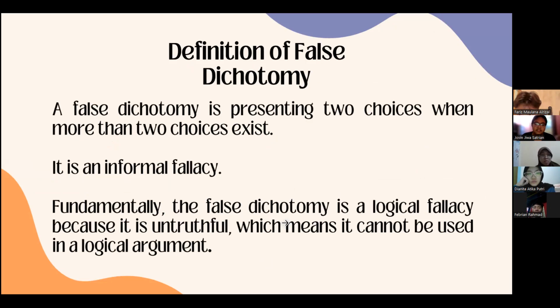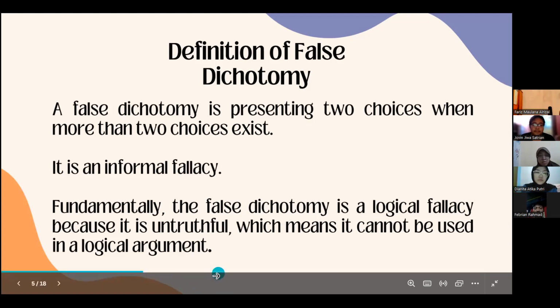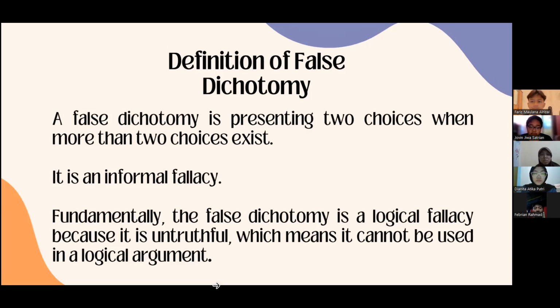False dichotomy is specifically an informal logical fallacy, which means that its fallacy lies not in the structure of the logic, but rather in something else. The source of the error is not just due to the form of the argument, as is the case of formal fallacies, but can also be due to their content and context.